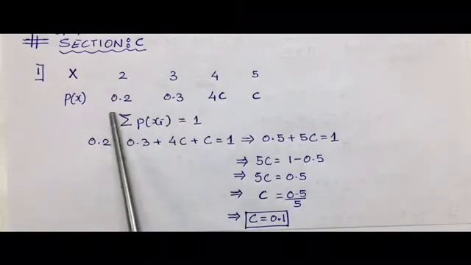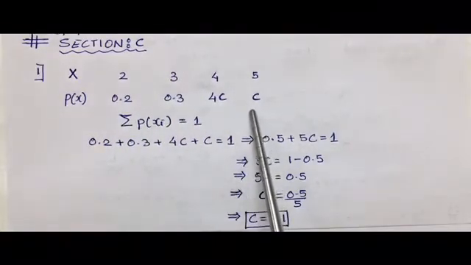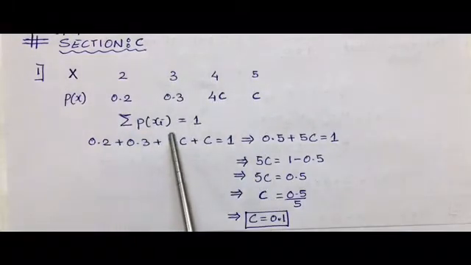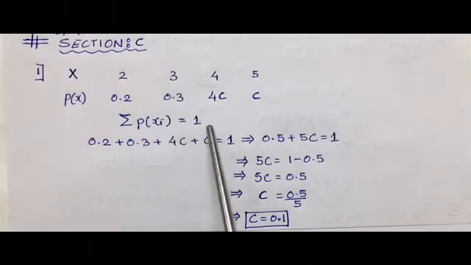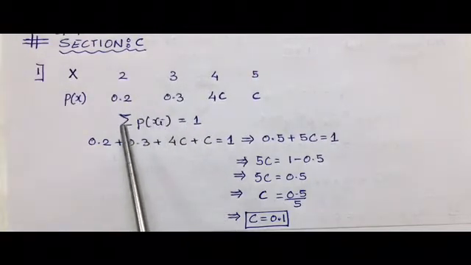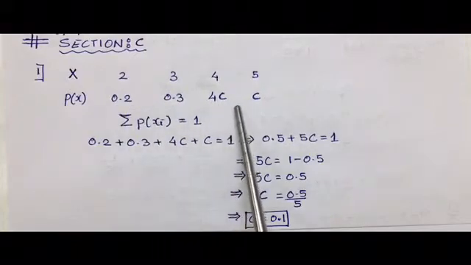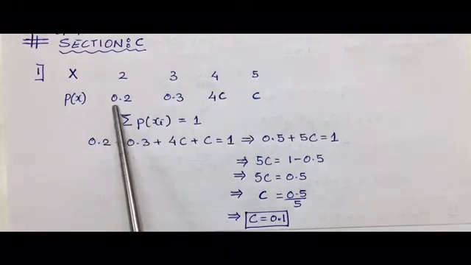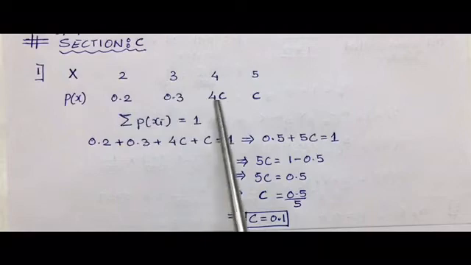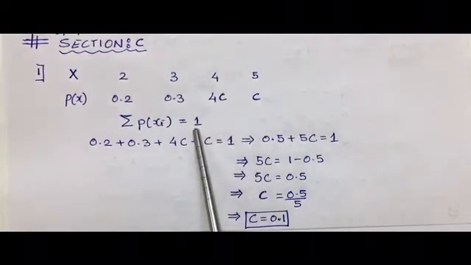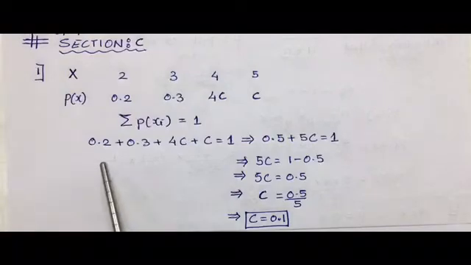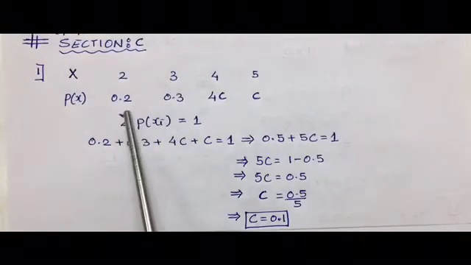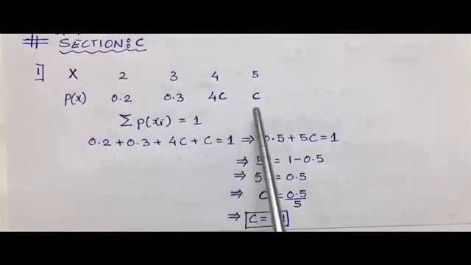So whenever the constant value is to be calculated, we make use of the formula summation pxi is equal to 1. Now summation pxi means all the given probabilities are to be added and equal to 1. So the probabilities are 0.2, 0.3, 4c and c.